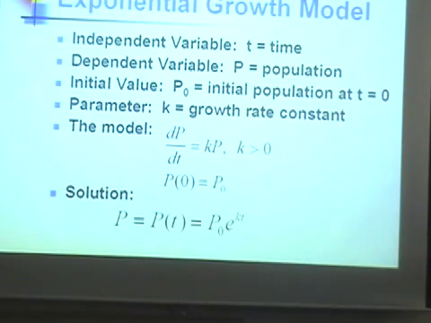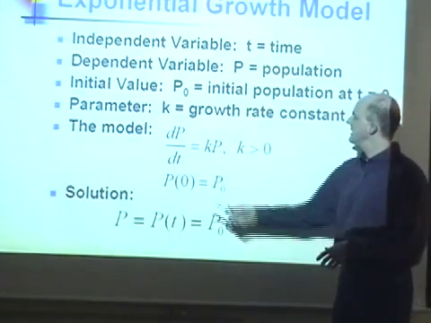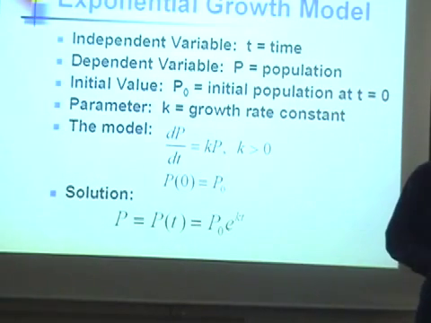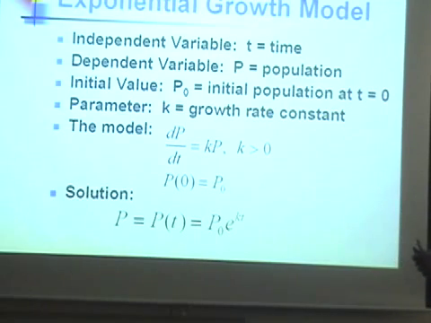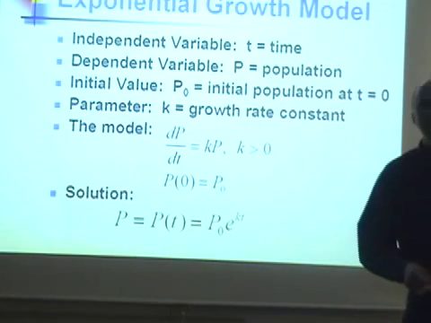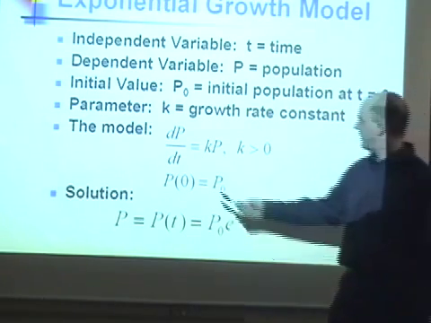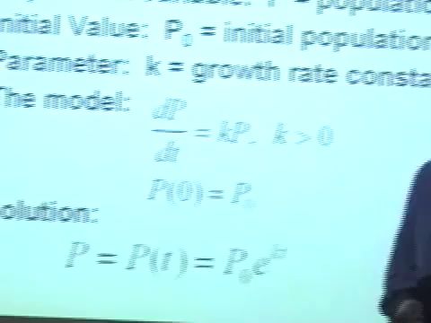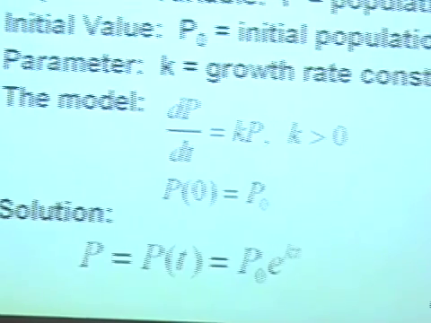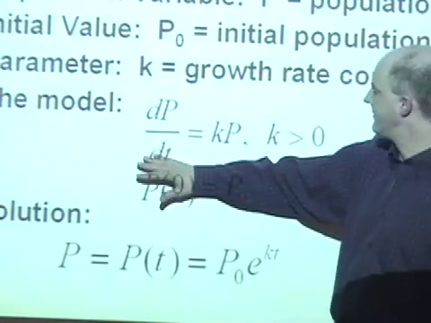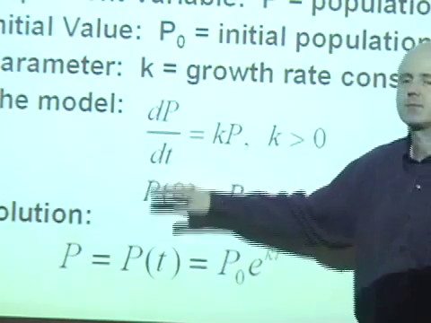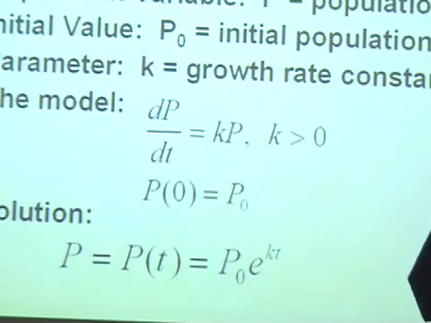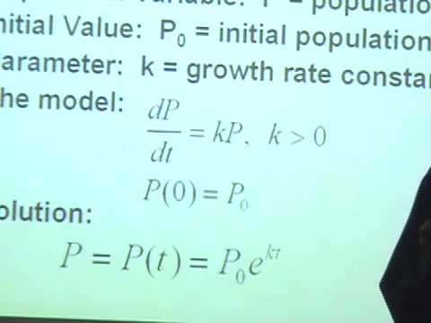Here's the model. It's a differential equation. dP/dt equals k times P, where k is a positive constant, this parameter that's called the growth rate constant. It's a differential equation because it involves a derivative, the derivative of P with respect to t. P is an unknown function. And when you write the model, when you write this equation, you're trying to think about how the derivative can be described.